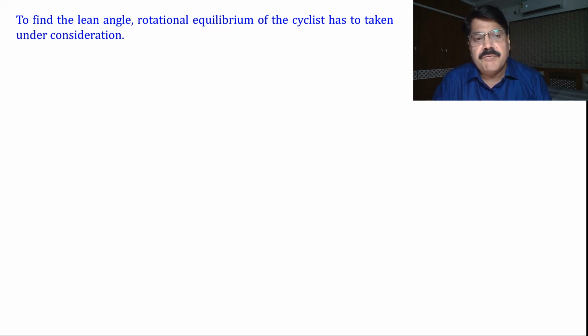Still, we can use a very common idea. And what is that idea? If a rigid body is in rotational equilibrium, it is not rotating, and only two forces are acting, these two forces must be collinear. And if the body is in equilibrium, these two forces must be equal and opposite.